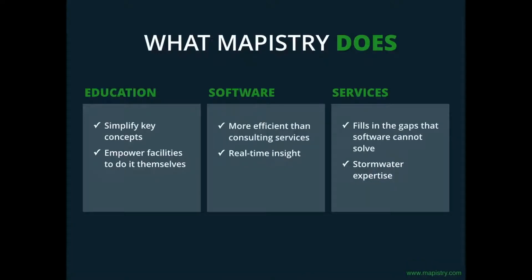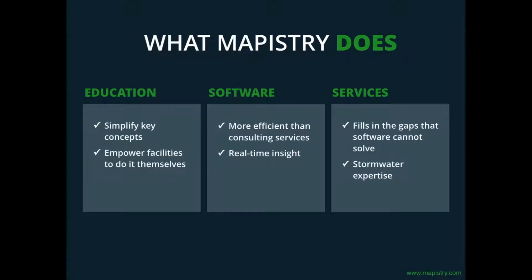Mapistry does three things. We do a lot of education, both in person and online. The main part of our software is an online platform to manage the actual stormwater permit, inspections, weather alerts, rain logs, mapping, SWIPs, all of that. It allows companies to manage everything from one site to 100 sites on the same platform, make sure they're meeting all the monthly, quarterly, annual requirements, and really speeds up the paperwork process.